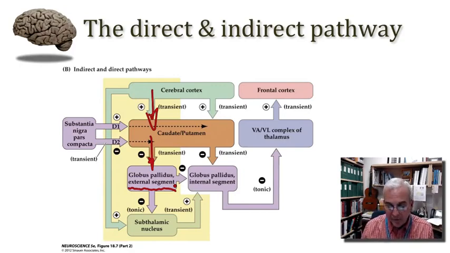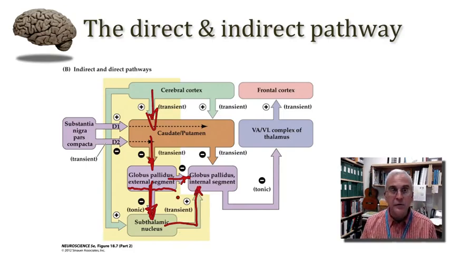The external segment of the globus pallidus projects to the subthalamic nucleus, and it also has direct projections to the internal segment. It seems as though this projection to the subthalamic nucleus is really important in how the indirect pathway works, because the subthalamic nucleus then projects back to the internal segment of the globus pallidus.